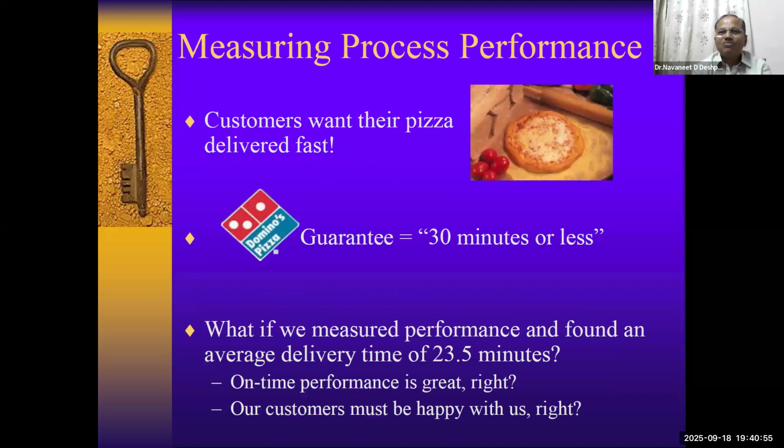So the best point to begin with is the case of Domino's Pizza, which guarantees 30 minutes or less to deliver. So what if we measure the performance and find an average delivery time of 23.5 minutes? Although they are promising 30 minutes, they could deliver in 23 minutes.